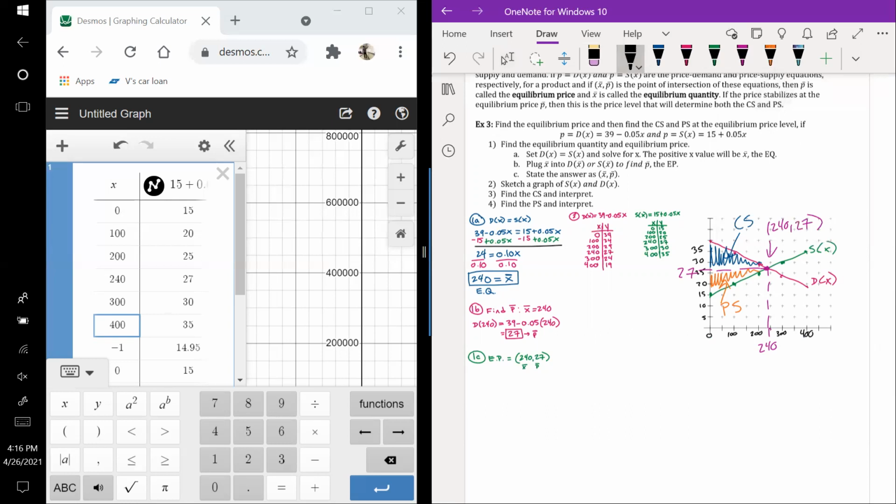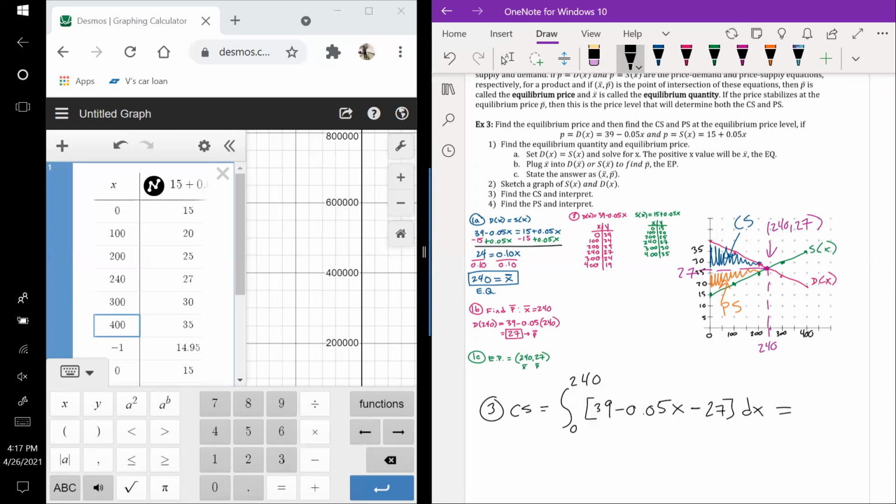So 3, our CS is going to be the integral from 0 to x bar, which is 240, of d of x, which is 39 minus 0.05x, minus p bar, which is 27, with respect to x.